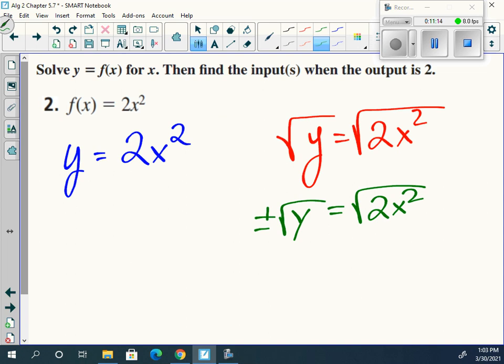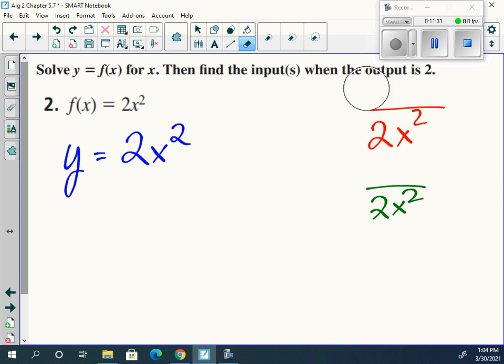Now we've got to break those apart and then divide both sides by the square root of 2. There's nothing wrong with doing that, but it's a little clunkier to work with because now we've got square roots and we have to deal with the properties of them.